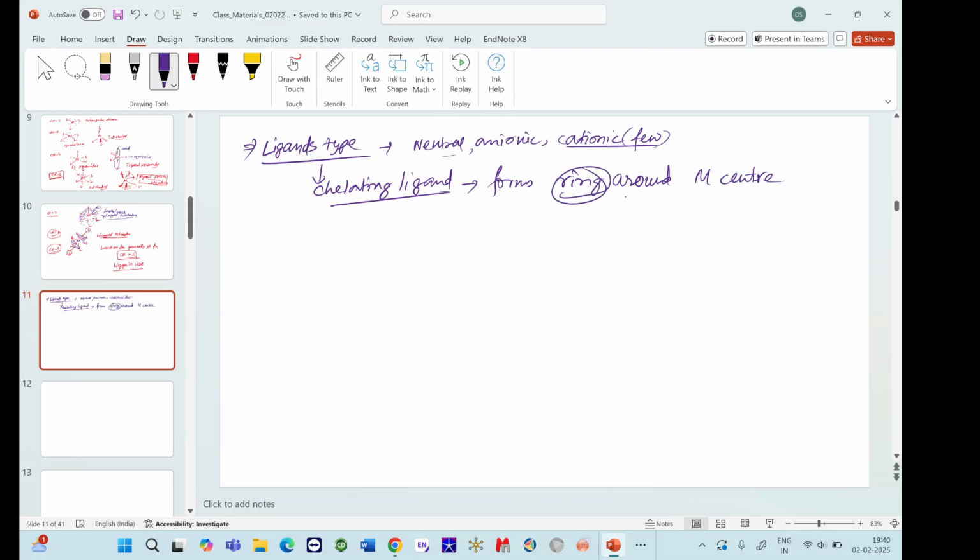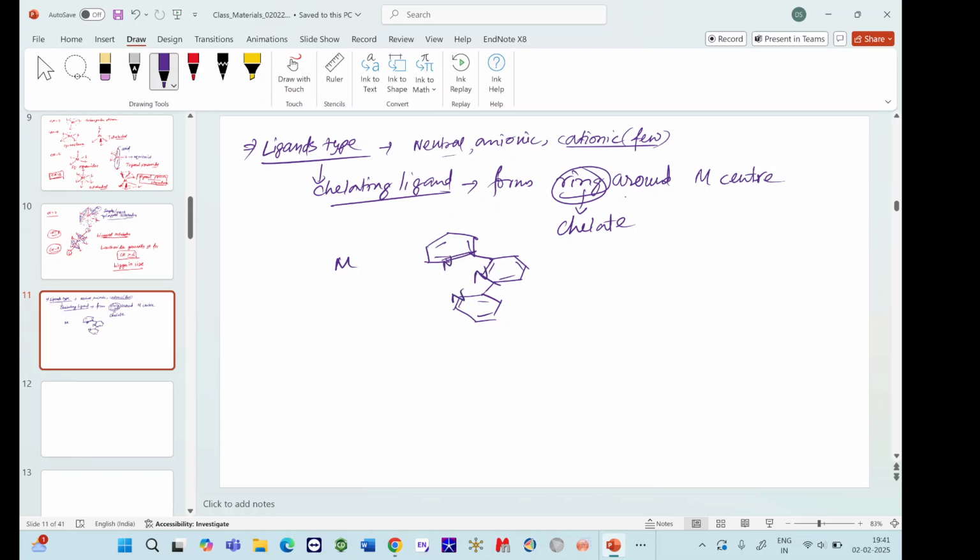These chelating ligands form a ring around the metal center that is called the chelate. Say this is your metal, and I am drawing one ligand, with the nitrogen at these positions.